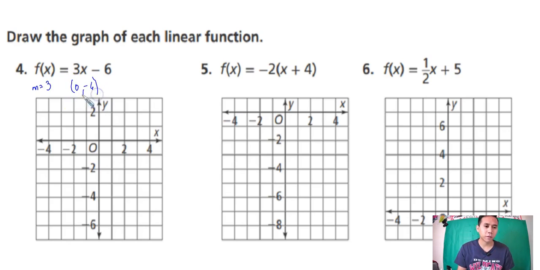So first you have to graph (0, -6). It's here. And then we have 3 up, 1, 2, 3, and 1 over, because there is an invisible 1. All right. So I'll just connect that, or just draw a line.